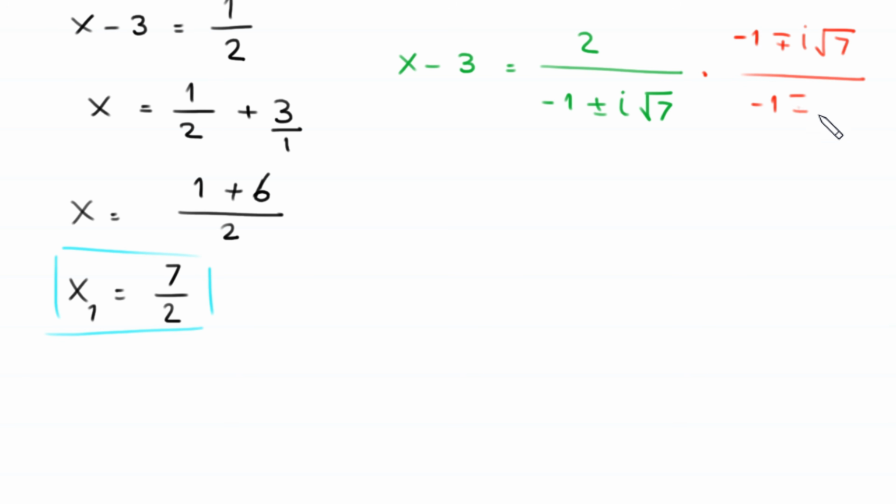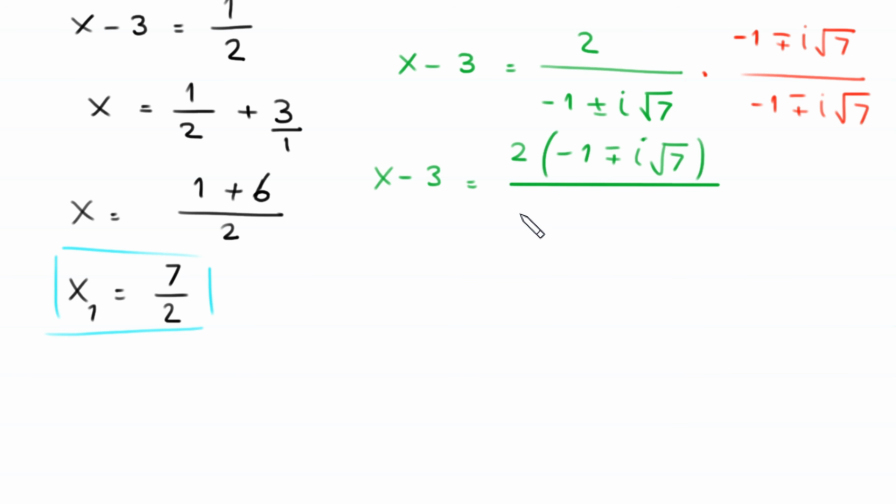So this will become x minus 3 is equal to 2 times (negative 1 minus plus i times root 7) divided by, the denominator will become negative 1 squared minus (i times root 7) squared.